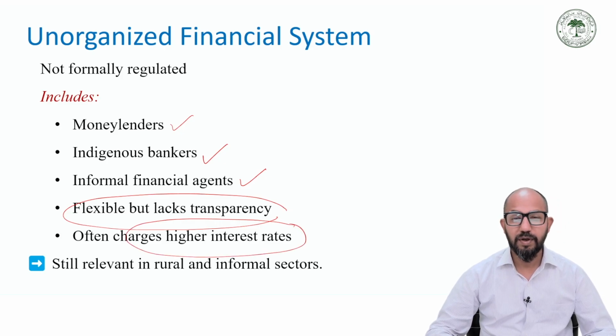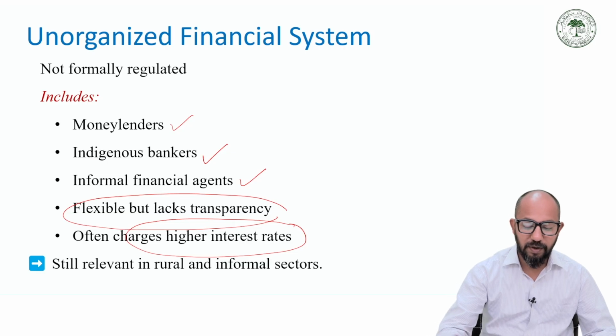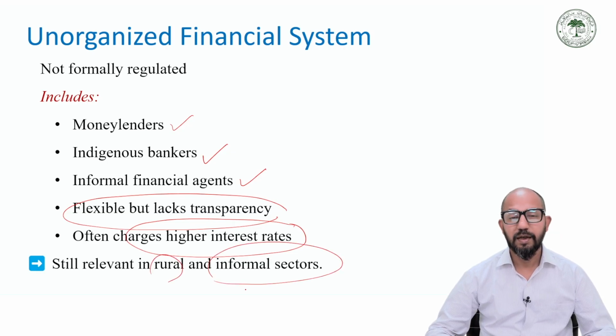A high interest rate is a kind of burden on people, and that is the problem which they face. The unorganized financial system is still relevant in rural and informal sectors like the mandis, like people who are roadside stallers, the hawkers, etc. All these people heavily rely on the unorganized financial system.